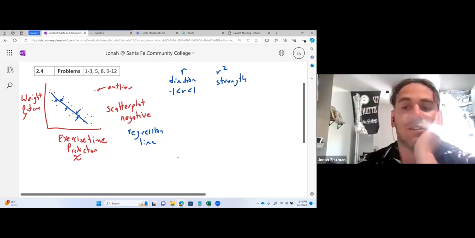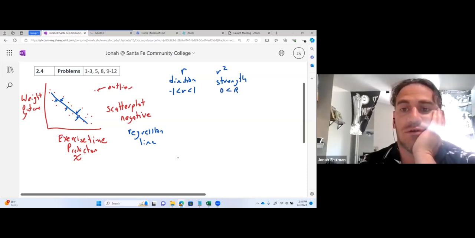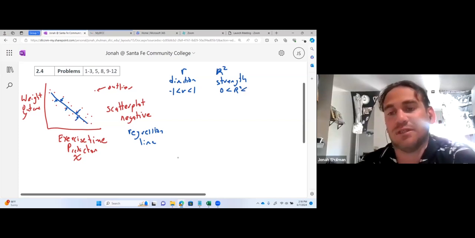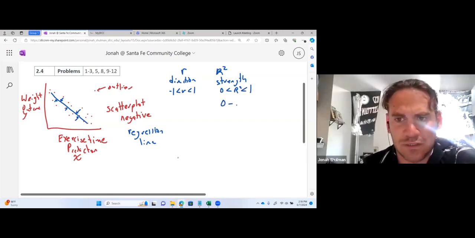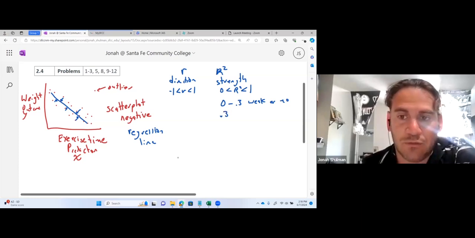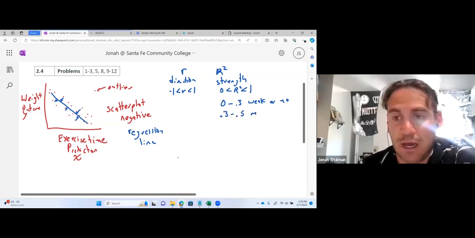Every book is a little bit different, and this is from 0 to 1 for R squared. I'm pretty sure it's a capital R for the R squared. Obviously, the book might show something different, but if we're from 0 to 0.3, it's weak or no correlation. If we're from 0.3 to 0.5, we're at moderate.